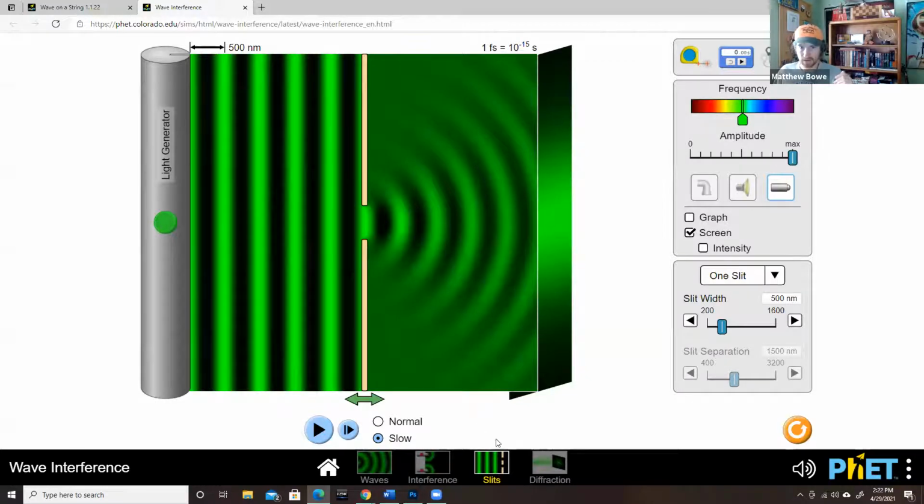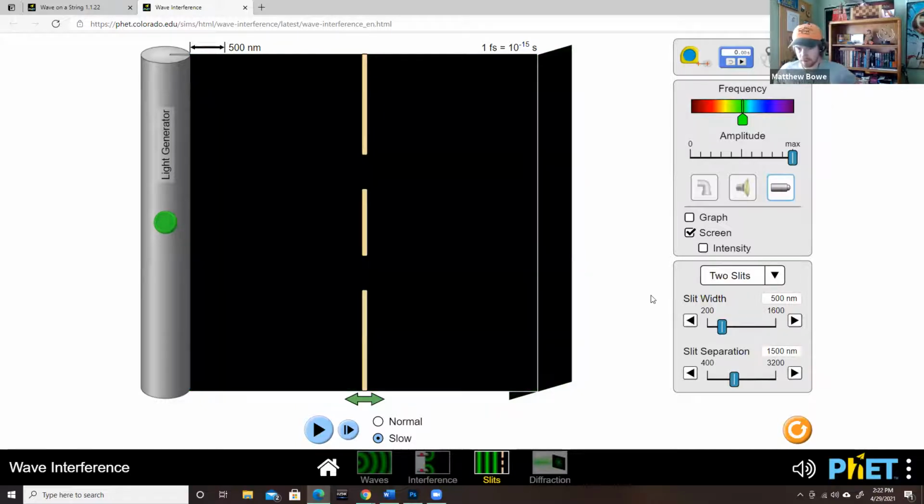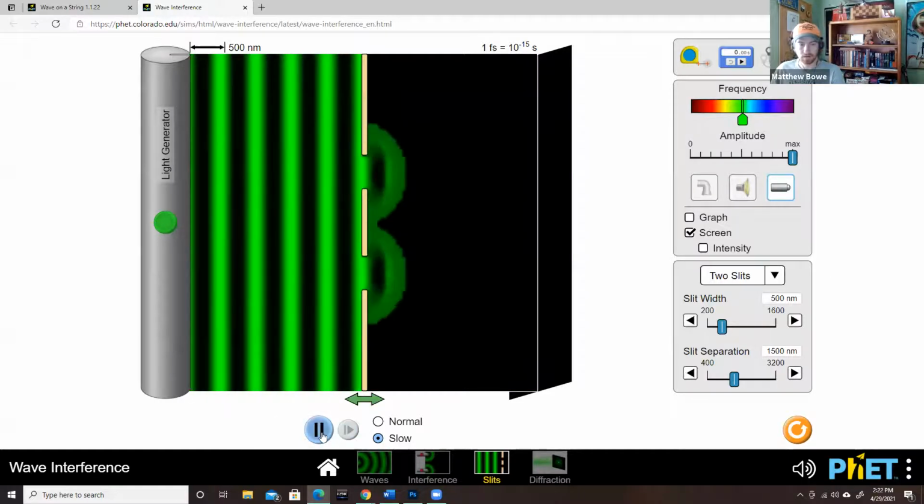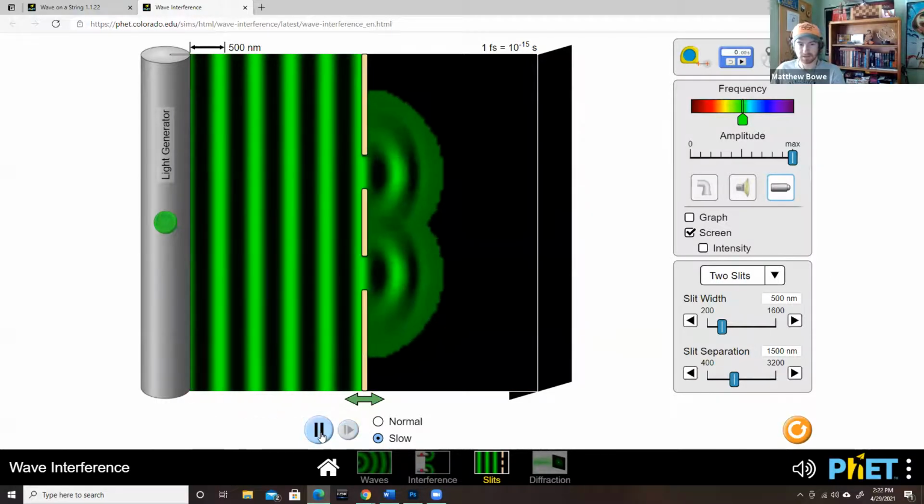All right, so while we're in here, you can look at one slit. Let's look at two. So we're going to have two. And let's see what happens now. Shining lights, it goes through.